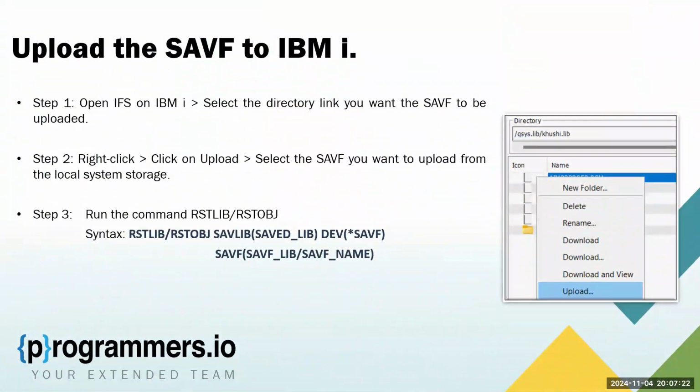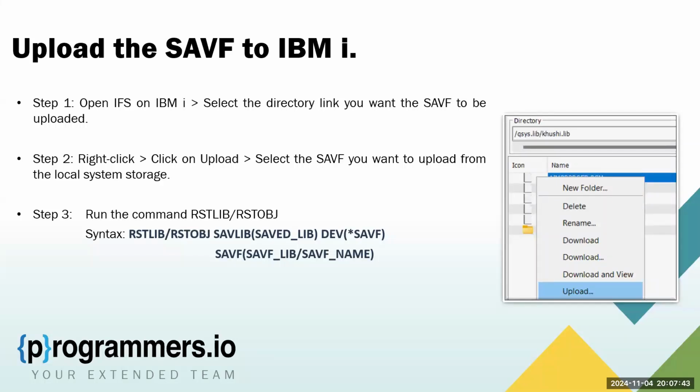Now we will discuss how to upload the saved data inside the save file to an IBM i server. In step 1, we will open the IFS and right click on it, and there will be an option to upload.